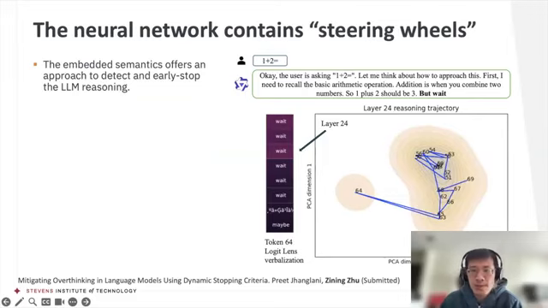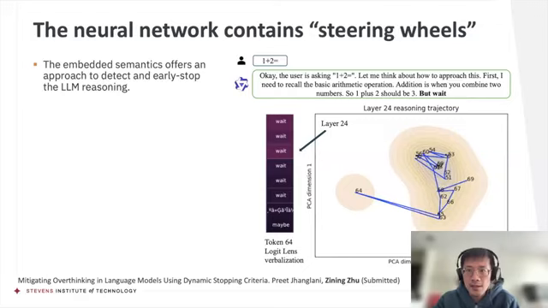On the right-hand side, we see that token 64 is an anomaly, and in the actual model output, token 64 is "but". This token is exactly the place where the model starts to overthink. Before this token, the model already knows the answer: 1 plus 2 should be 3. It already correctly answers the question. But starting from this token, the model starts to question itself and continues with inefficient reasoning.